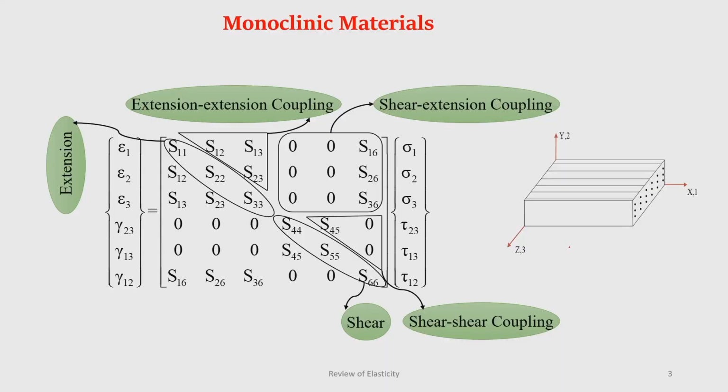So, in a fully anisotropic material, there is extension coupling, there is shear coupling, there is also shear extension coupling. Then we have seen that if there is one plane of material property symmetry, and say 2 3 is the plane of material property symmetry, we have deduced that in the last class.